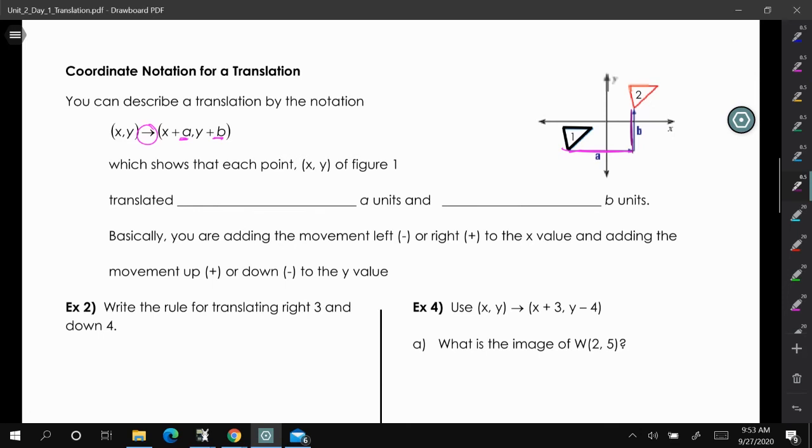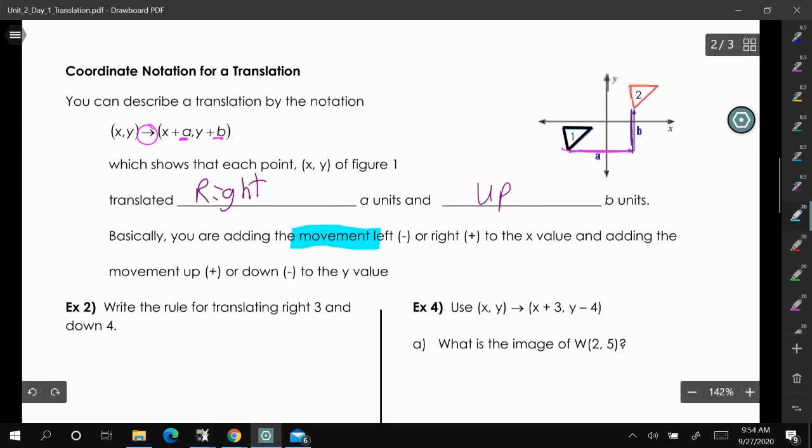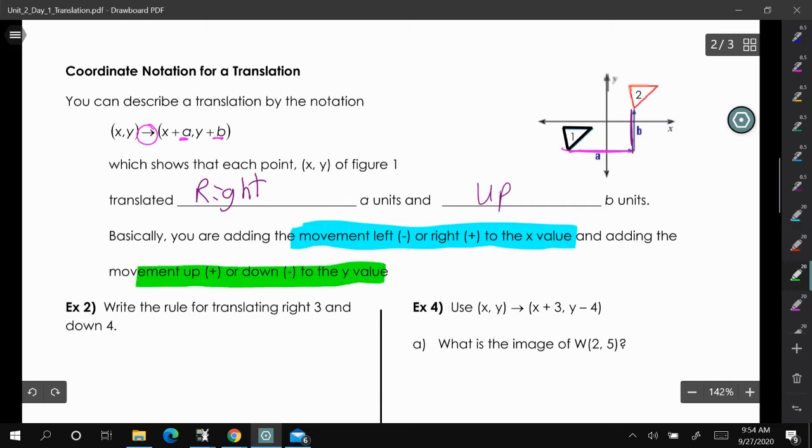So we are translated right a units and up b units according to the picture. And what we have written here is what we wrote on the previous page: how to add or subtract your translation value from your x and y coordinates.